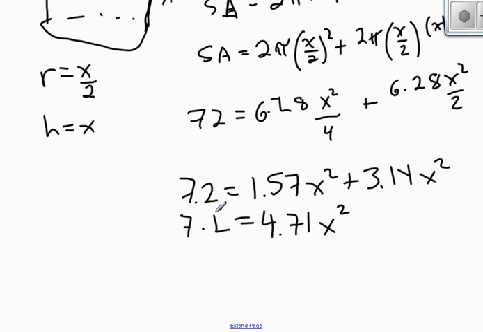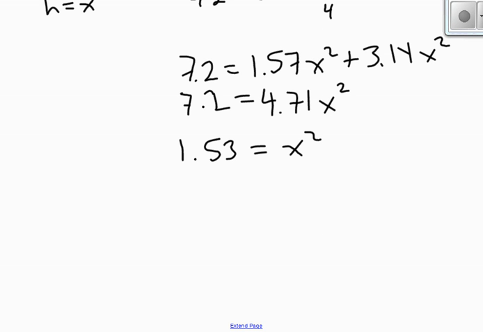And then so again, my goal is to solve for x, so I'm going to divide both sides by 4.71. And that gives me 1.53 equals x squared. And so finally I can solve for x. Yay! The square root of 1.53 is 1.24.